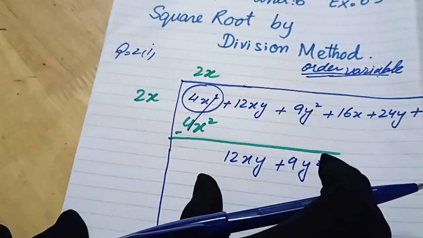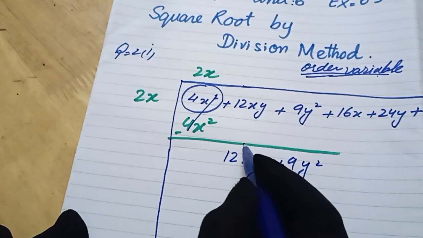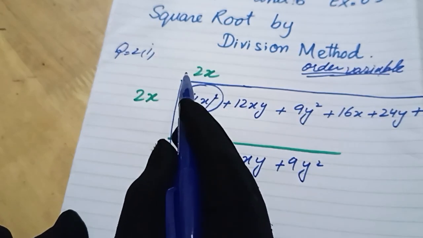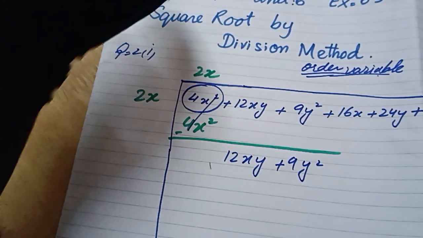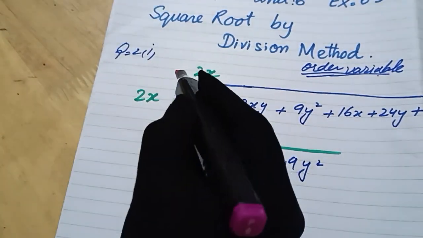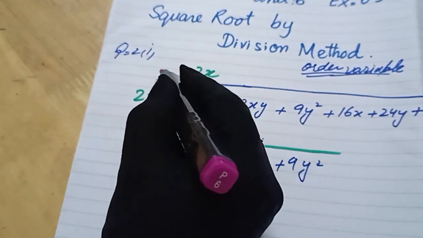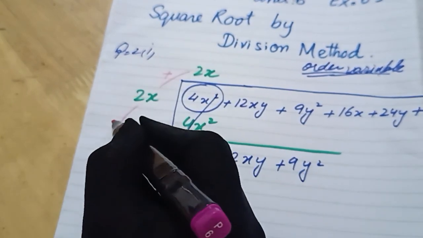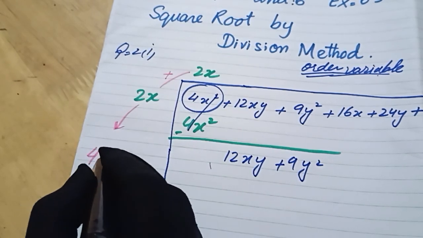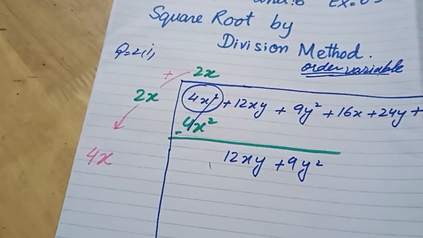Now again we will take this one, but before that, first we need to add them. Add this to this and write over here as the first term: 2x plus 2x added is 4x.